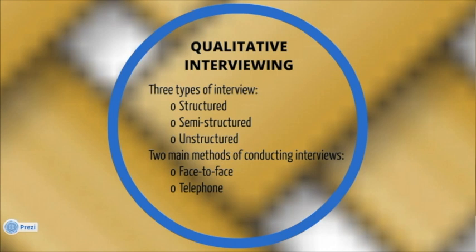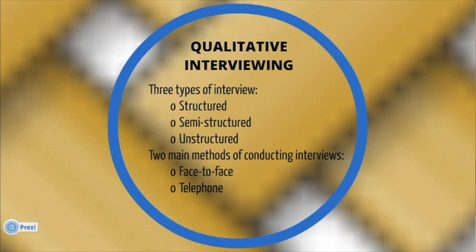Structured, wherein it involves the use of questionnaires based on predetermined and identical set of questions. Semi-structured, the interviewer will have a list of themes and areas to be covered, and there may be some standardized questions. Unstructured, there are informal discussions where the interviewer wants to explore in depth a particular topic with another person in a spontaneous way.